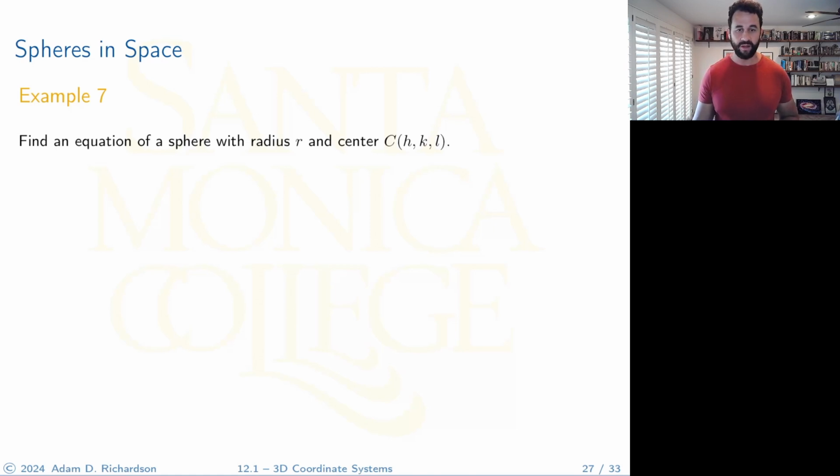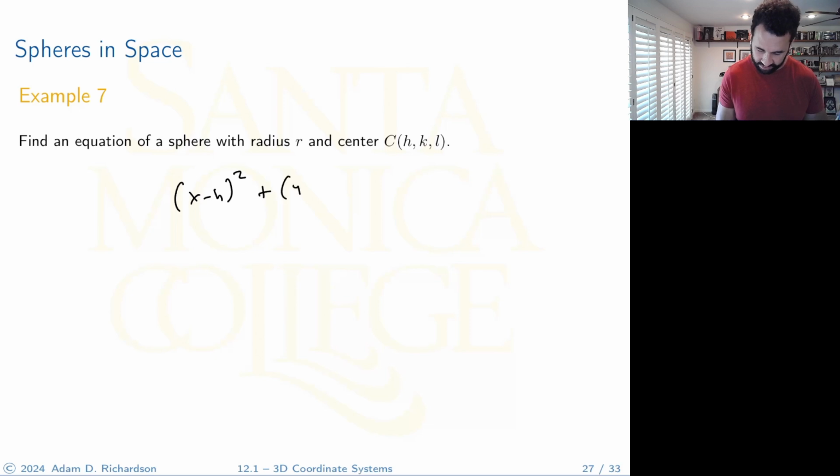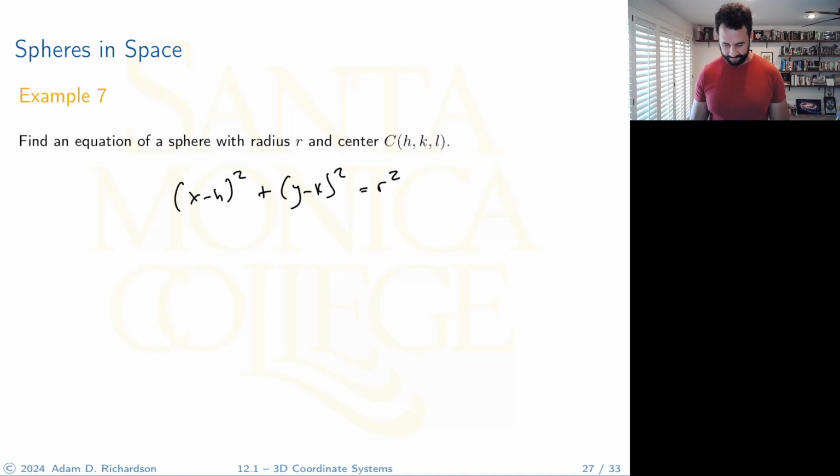Okay, here we go. You might recall, let me go back to 2 dimensions. It always helps to go down to 2 dimensions to gain intuition about the third dimension. When talking about circles in the plane, the formula was what? It was (x minus h) squared plus (y minus k) squared equals r squared. And again, this is basically the distance formula.